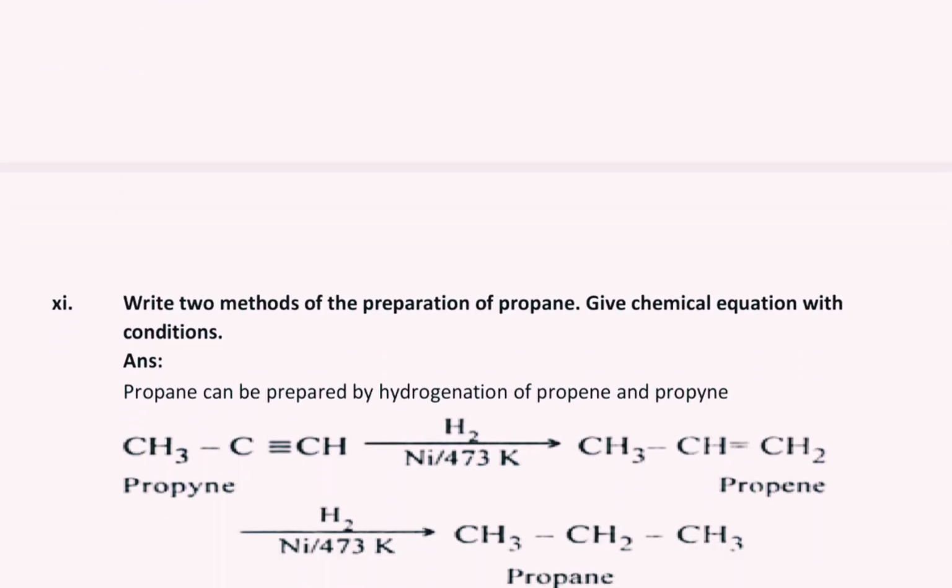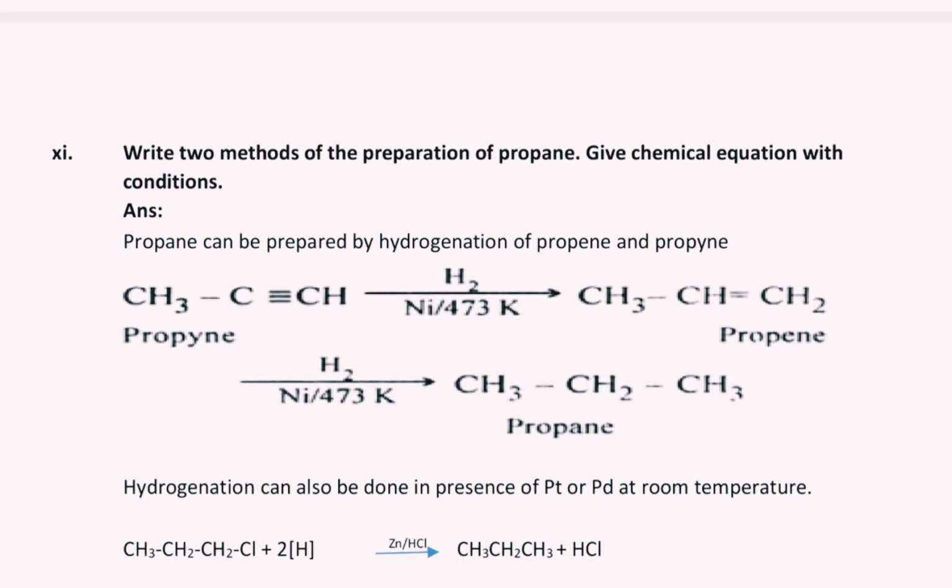Then the next question is, write two methods for the preparation of propane, and you have to give the chemical equation with conditions. He has not restricted you that you need to pick a certain type of reactant here. You can pick any one, but you need to form propane in that.